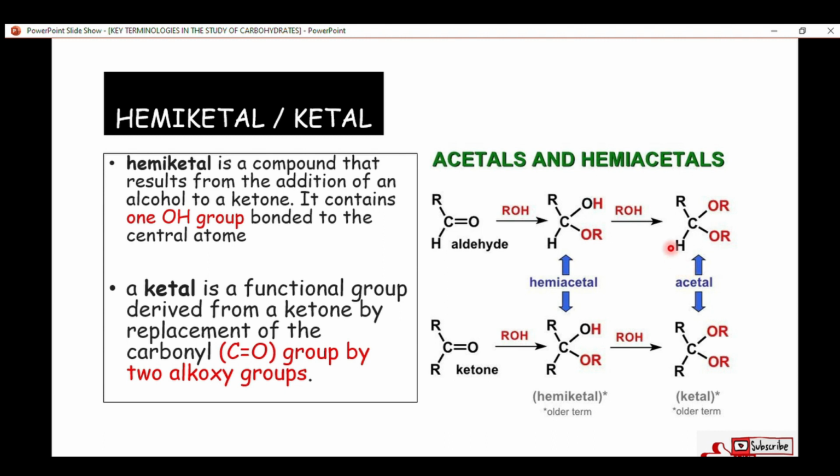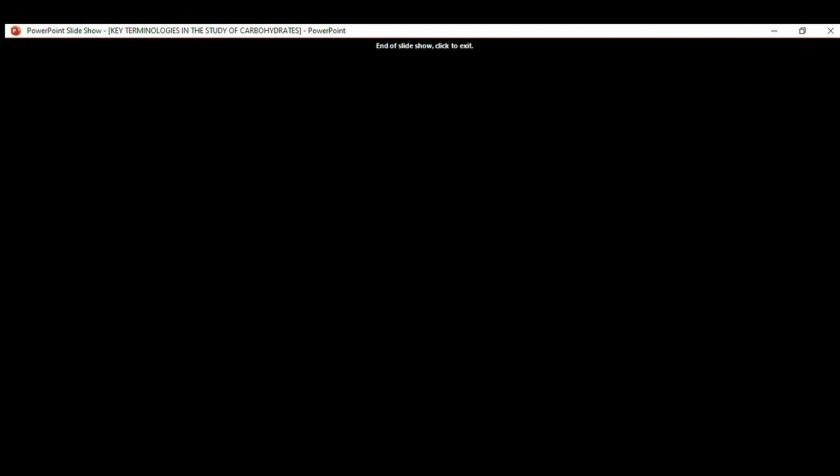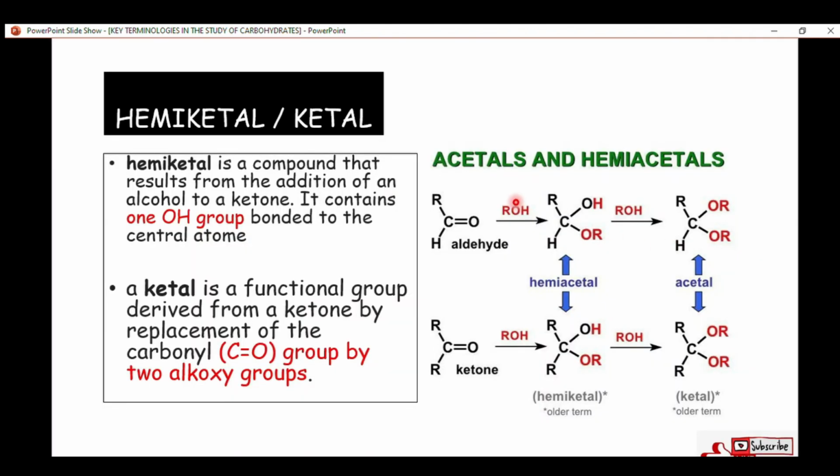It's very, very important before we can study carbohydrates. You have to know these very basic definitions: anomers, epimers, mutarotation, hemiketals, and ketals. You have to know all these definitions.